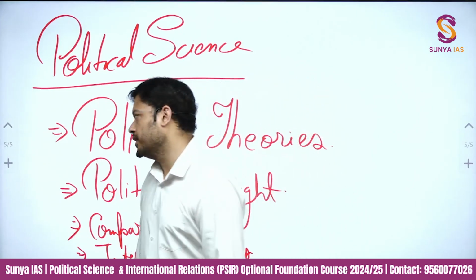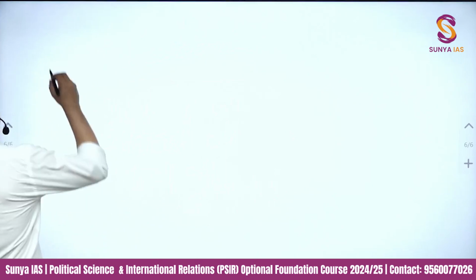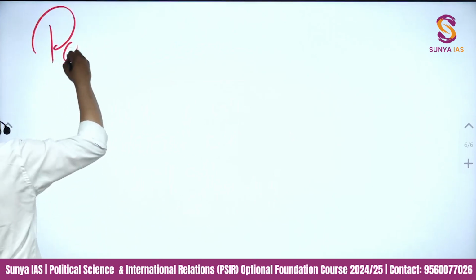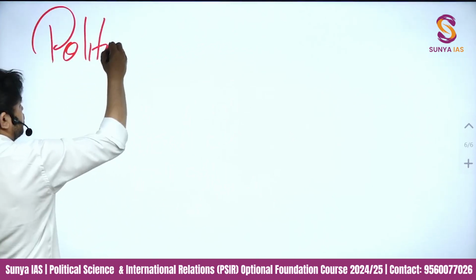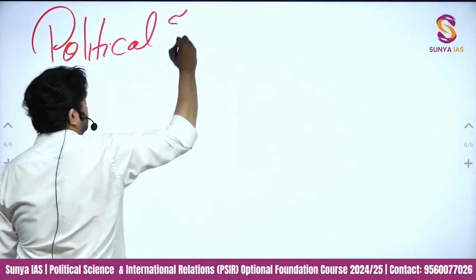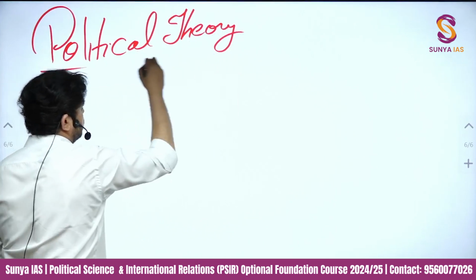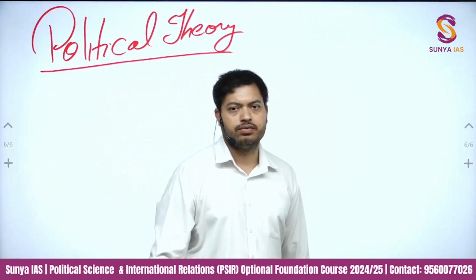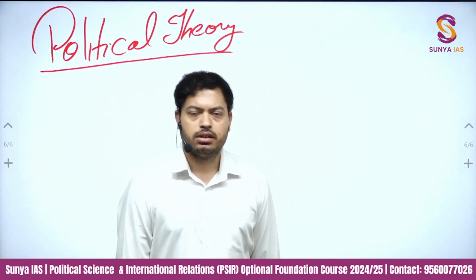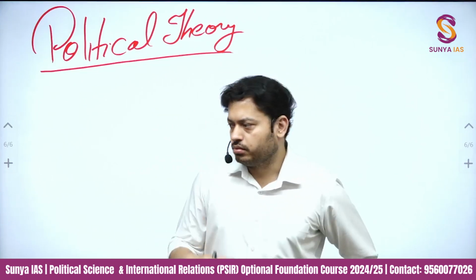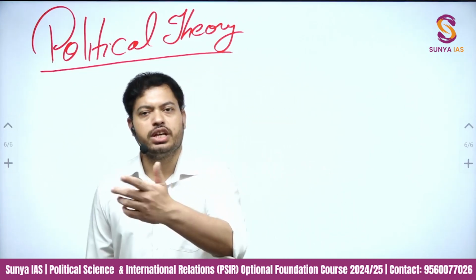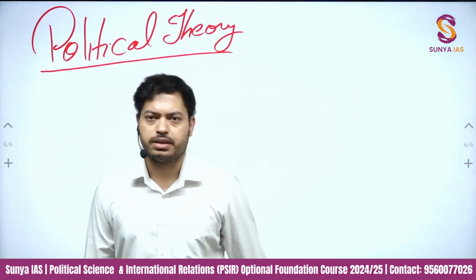What is political theory? You must have heard about a lot of theories in science, in physics, in chemistry. F equals G m1 m2 by r square.